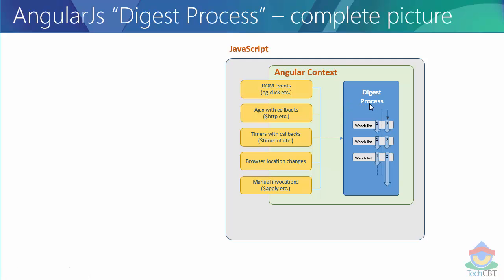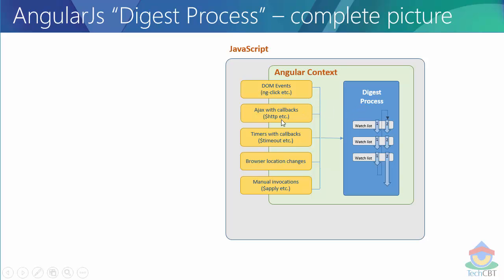Whether you know or not, this process gets executed behind the scenes whenever ngClick gets executed. Similarly, whenever you perform any AJAX operations using $http and if you have any callbacks, yes, the digest processes will be kicking in. So that is the reason you will see, like after the AJAX calling or your ngClick or DOM events, the data bindings are automatically going to happen because this digest process is going to be kicked in.